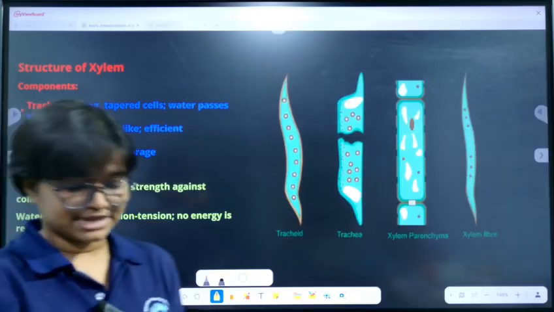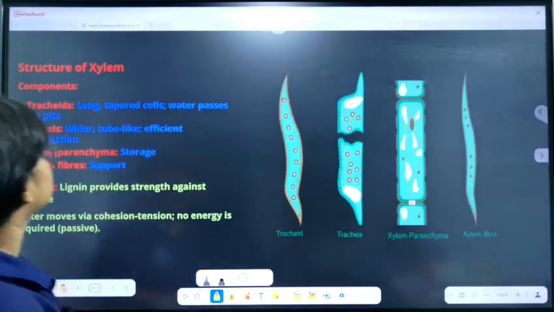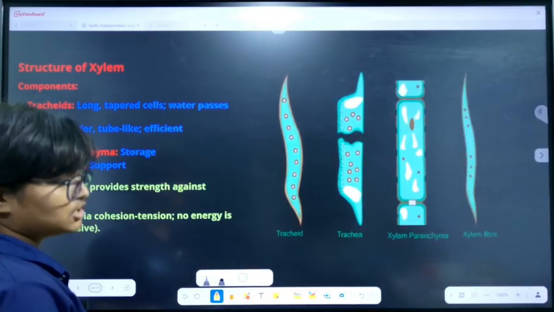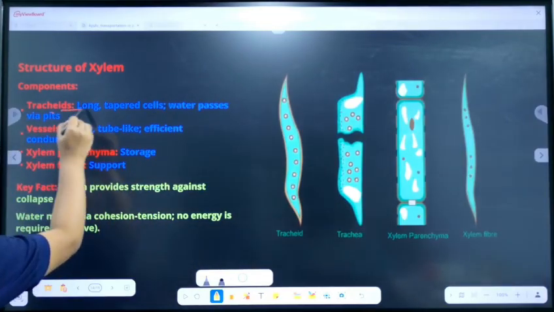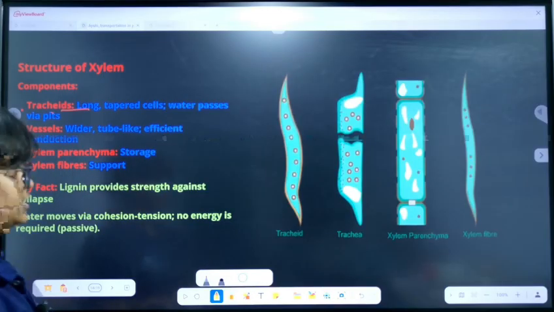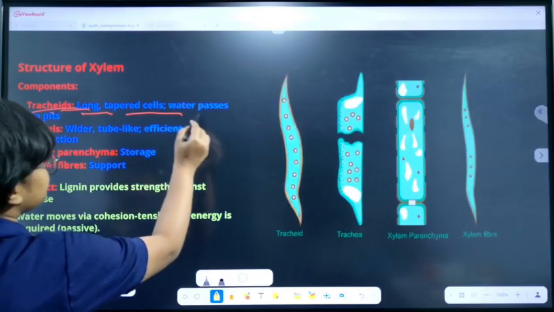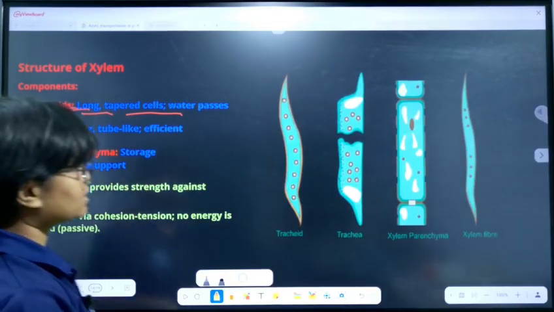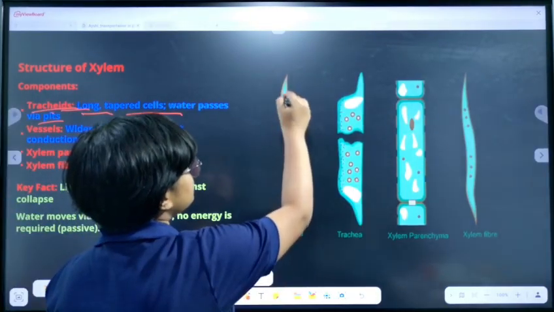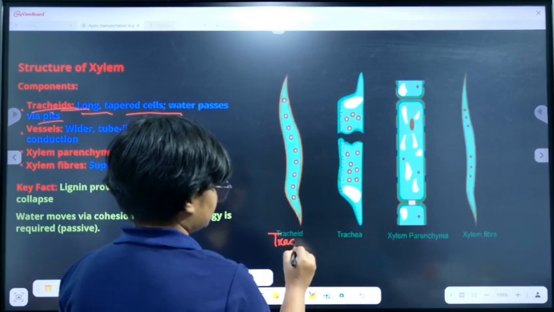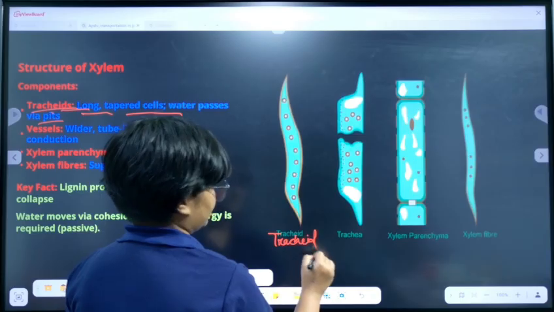Okay, so the structure of xylem. As I have already talked about the function, now I'm going to talk about the components. The first is tracheids. These are long tapered cells. Water passes via pits. As you can see, this cell is the tracheid.